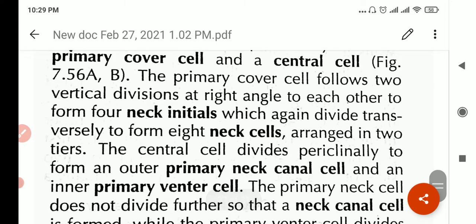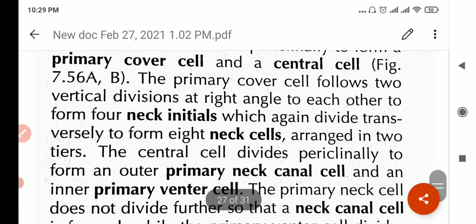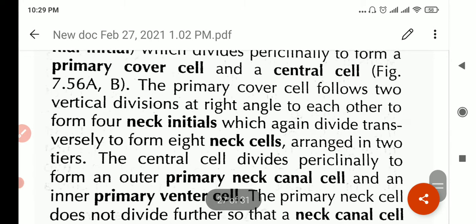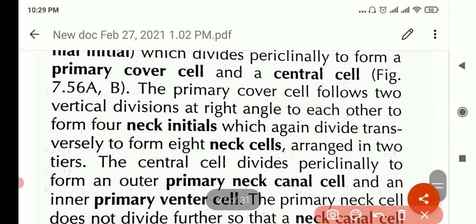So we saw in the diagram the primary cover cell divides to form four neck initials, and then again they will divide to get 8 neck initials. Then the central cell will divide to form the outer primary neck canal cell and the primary venter cell. Then from the neck canal cell we will get the neck, and from the primary venter cell we will get the egg.